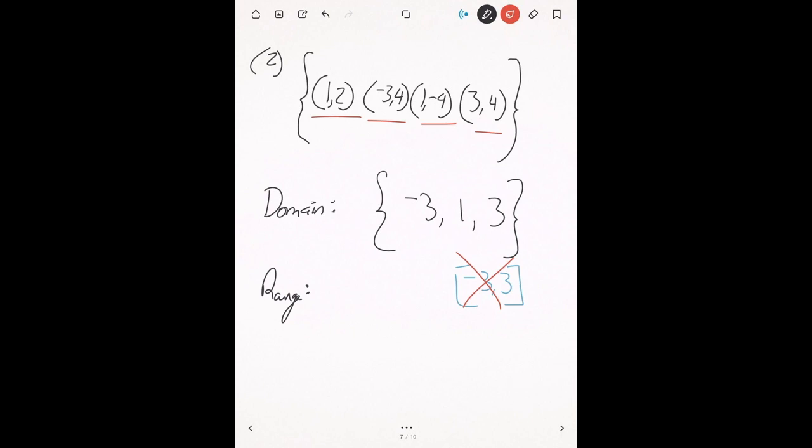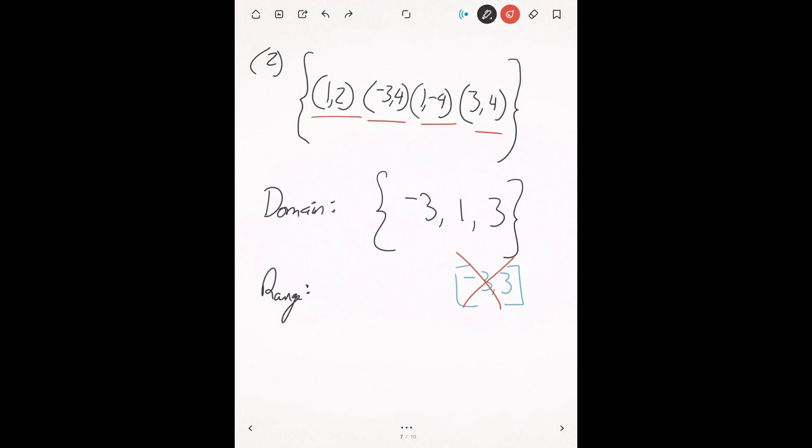Another thing that people might realize is, wait a minute, Linford, we had 4 points. There is a 1 right here and a 1 right here, but you only listed it once. That's because we actually don't double list points, or individual elements, I should say. So just write the one only one time.